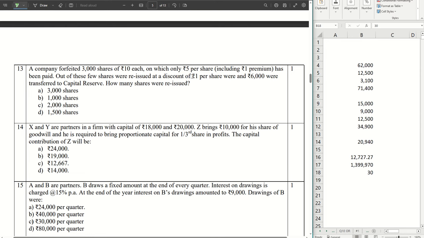So if we are giving a discount of rupees 1 per share, the profit per share that the company is making is rupees 3 per share, 4 minus 1. Okay. And rupees 6,000 were transferred to capital reserve. How many shares were reissued? If 6,000 were transferred and profit per share is rupees 3, then 6,000 by 3, 2,000 shares were reissued. So option C is your answer.